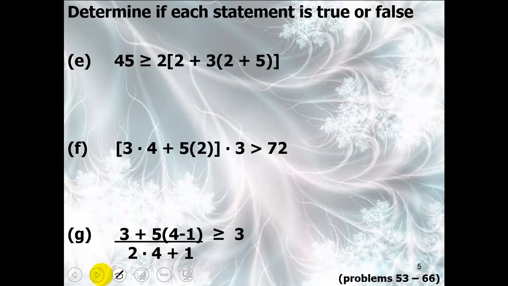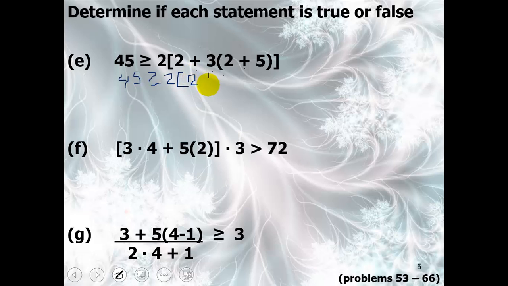Determine if each statement is true or false. All right? 45 is greater than or equal to 2 bracket, which means times 2 plus 3 times 2 plus 5. All right? So I'm going to carry my 45, and then I have to simplify what's going on in all of this.